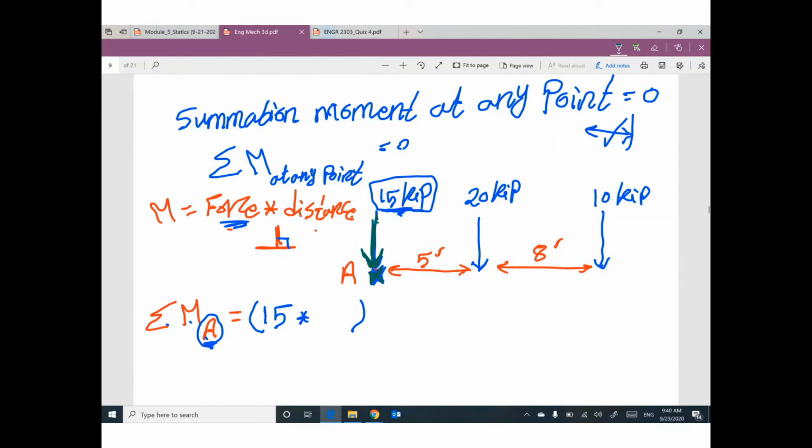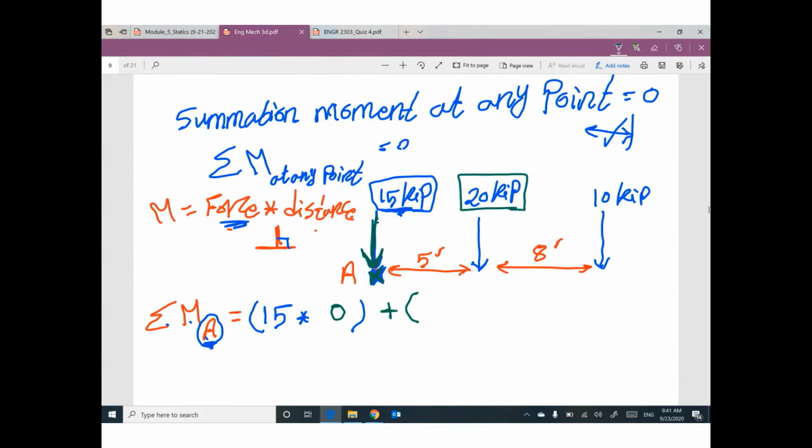We don't have distance because 15 is at the same location as point A. So 0. Why not? 0 is a number.